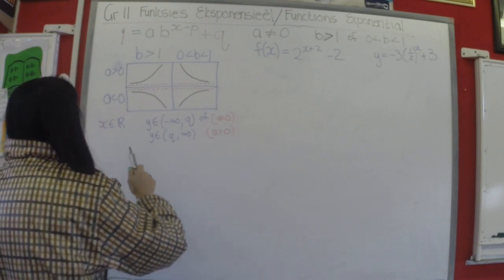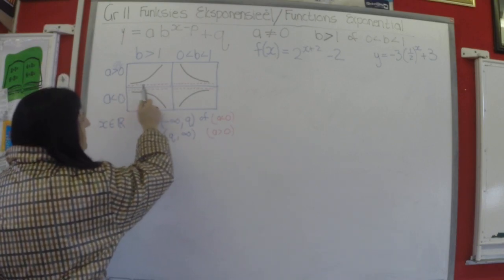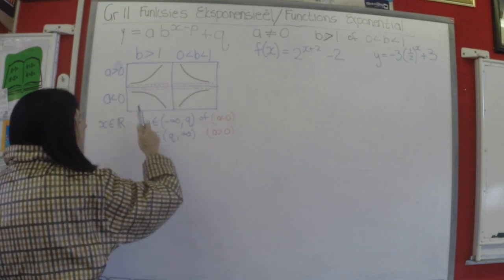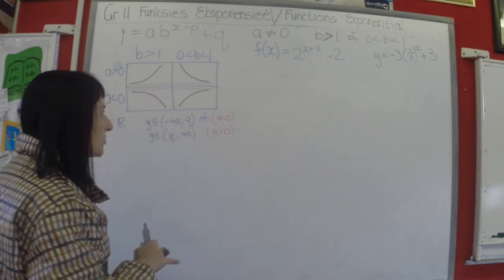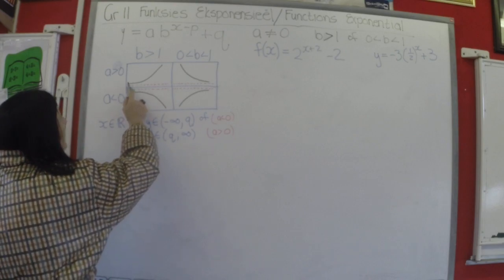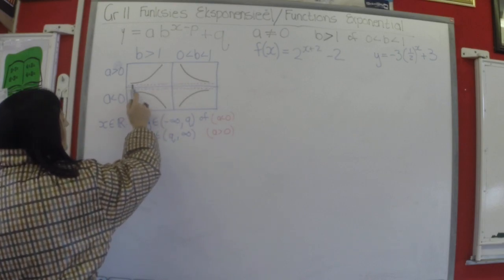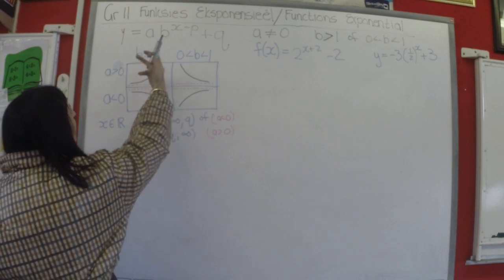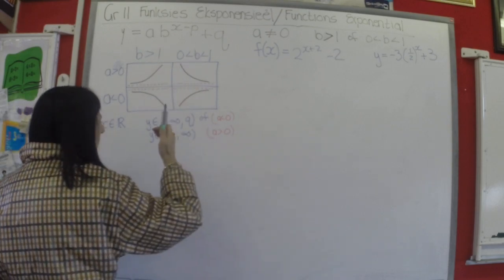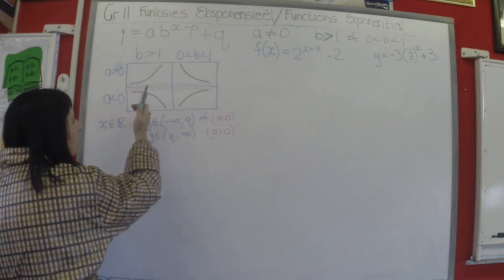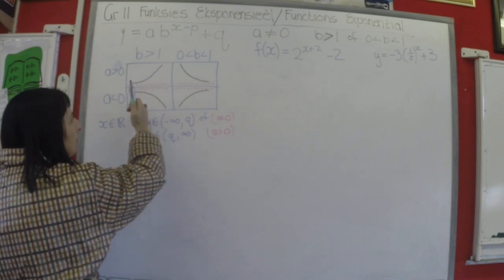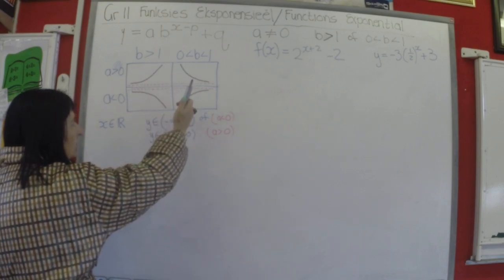If it has not shifted up or down, it will be the x-axis, or if it has shifted up or down, then it will be the horizontal asymptote. So if a is greater than 0, the graph lies above the horizontal asymptote. And if a is smaller than 0, it lies underneath the horizontal asymptote.